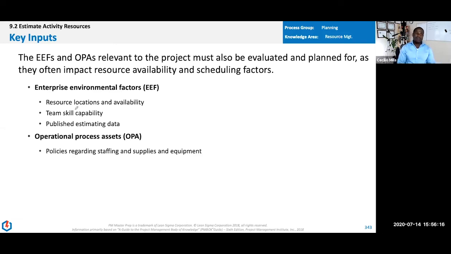But you still have no impact on their skill level. That's just outside of your control. And then OPAs, you might have policies regarding staffing and supplies, or how you onboard people. Do you need to have a C with parentheses for contractors, all that kind of stuff.